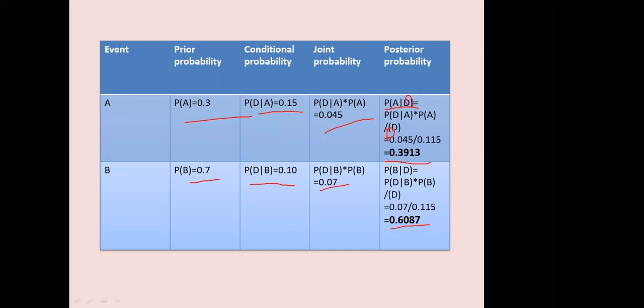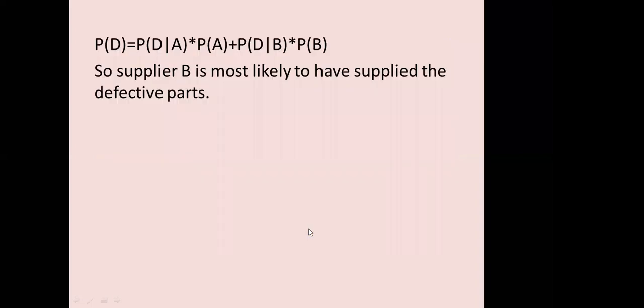Here we can see that the probability that a defective item was supplied by supplier B is higher than that of defective items supplied by supplier A. So supplier B is more likely to have supplied the defectives, and now the manager knows that supplier B provided more defective items.